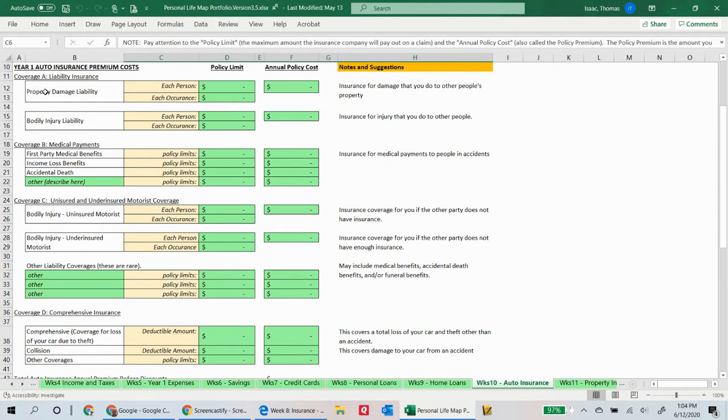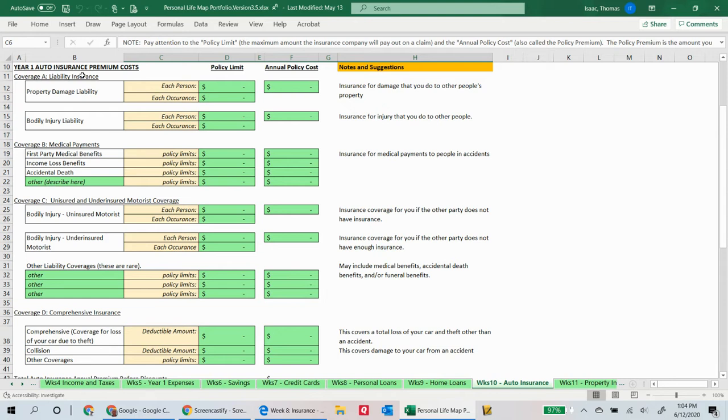Now, when we look at our auto insurance coverage, it's broken into sections here. The first section is coverage A, liability insurance. This is coverage which provides money to other people or to other people's things in the event that you have caused them to have a loss.